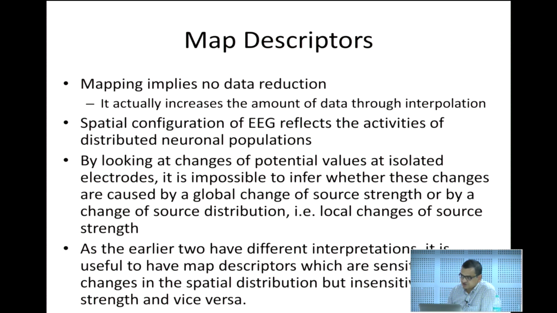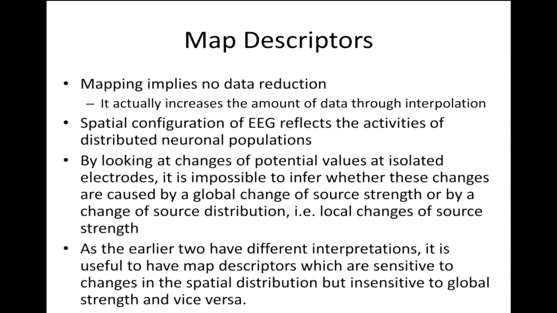So, map descriptors. Once you plot your voltages as a map, it's like an image, right? Now how do you want to characterize this image? The mapping is another way to interpolate and display the recorded EEG signals.